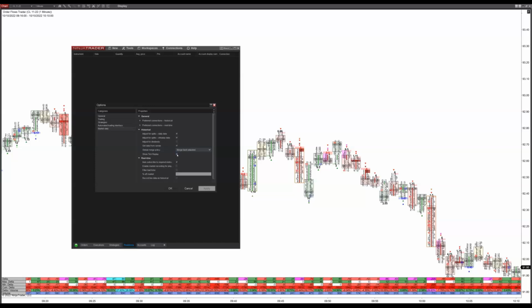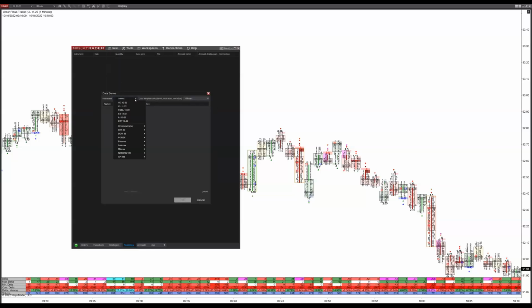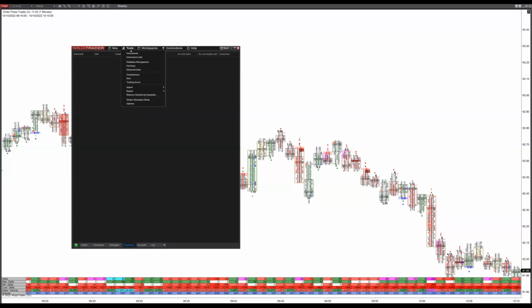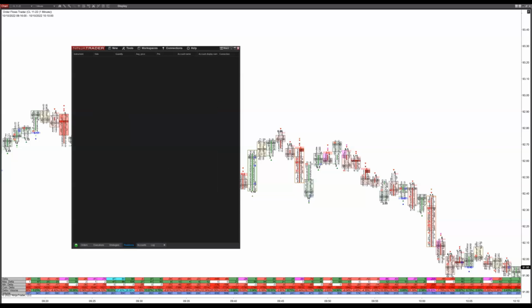If that is unchecked, when you go to open a new chart, it's not going to give you the choice of using tick replay. You see nothing here. If you see nothing, that doesn't mean it's on. That means you need to go in and enable it. So you just go there, check that box, enable show tick replay, and then you go to open up your chart.